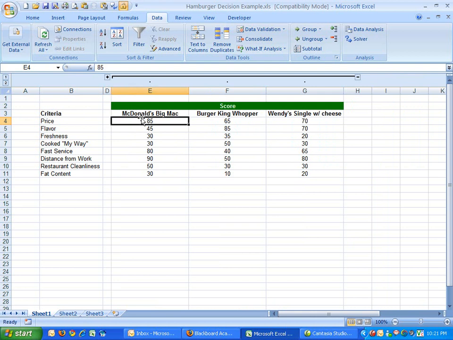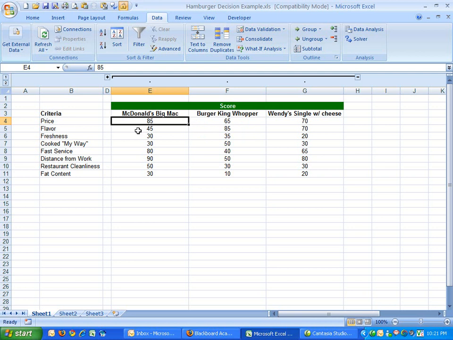So I go down the McDonald's column and I say, okay, price is, on a scale of, we'll say, 1 to 100, 85, whereas the Whopper is only 65. In this case, this would mean that the Whopper is more expensive than the Big Mac because the Big Mac gets a higher score. Again, higher means better, and so if something is more expensive, it would get a lower score.